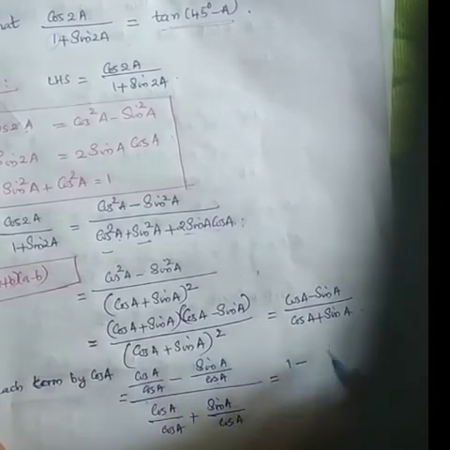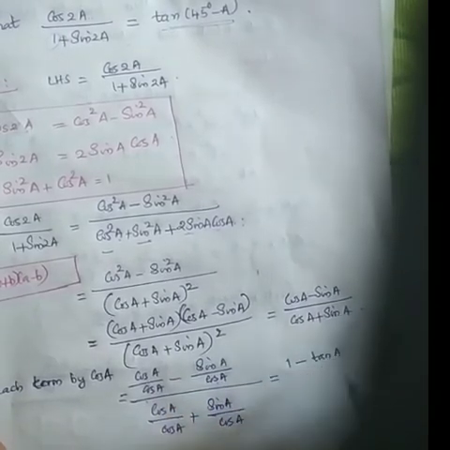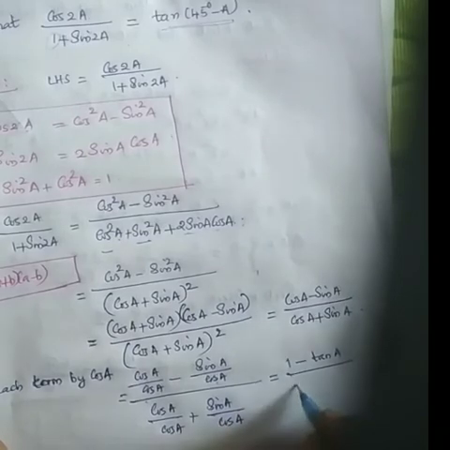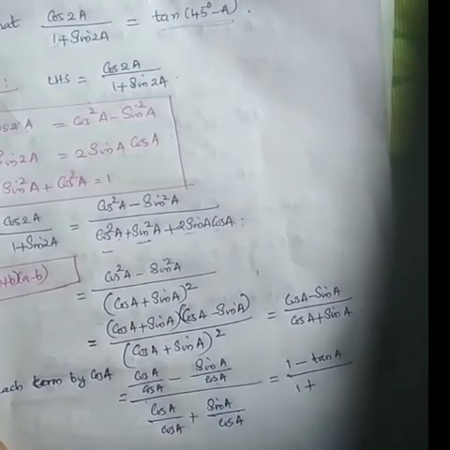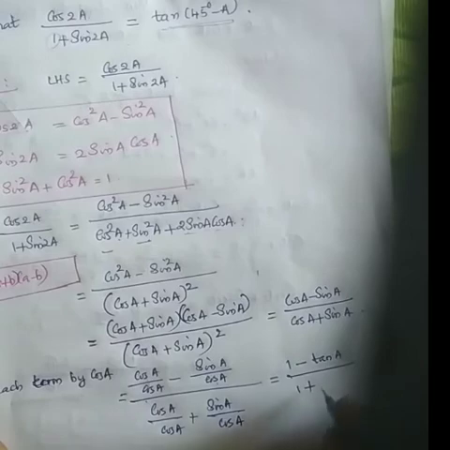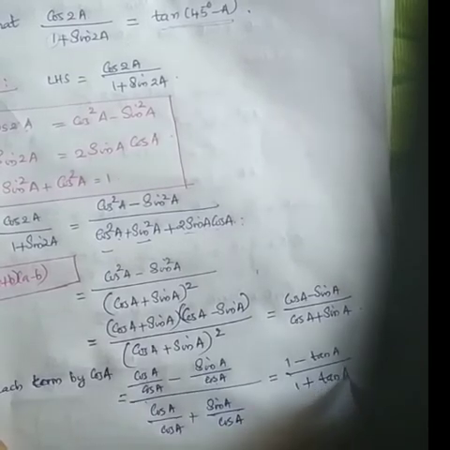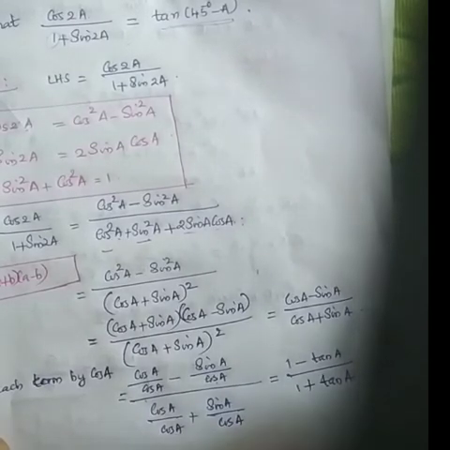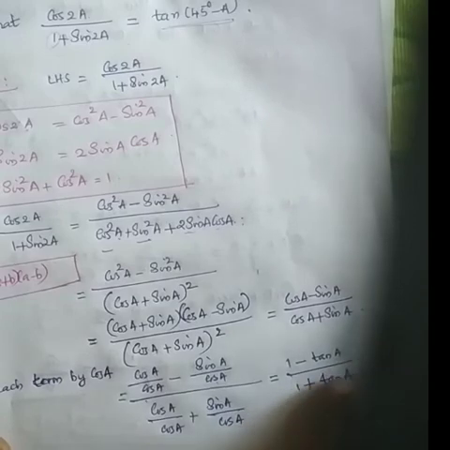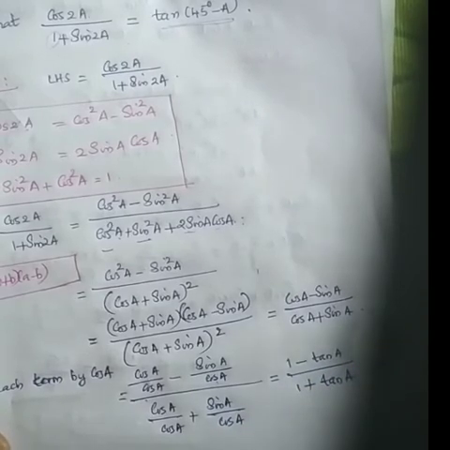Sin A by cos A is tan A. Similarly, the denominator is 1 plus cos A by cos A, 1. Sin A by cos A is tan A. Okay. That is 1 minus tan A divided by 1 plus tan A.